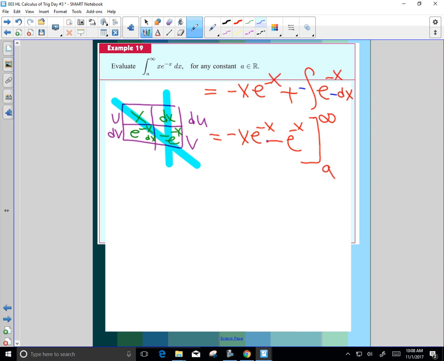That doesn't sound good. Let's put those in now. We're going to go negative infinity, that looks bad. E to the negative infinity, that looks bad. Minus e to the negative infinity, that's not bad. Minus negative a, e to the negative a, minus e to the negative a.